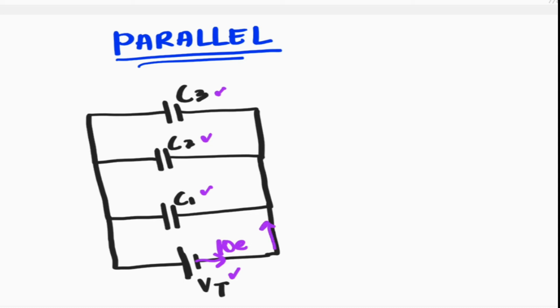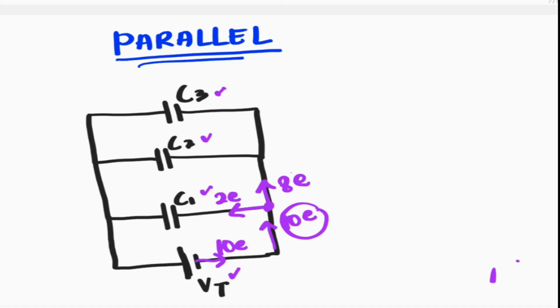These 10 electrons will meet this junction, right? So they have two ways to move, either to the left or upward. Maybe these 10 electrons split in two wires, maybe 2 electrons here and 8 electrons here.